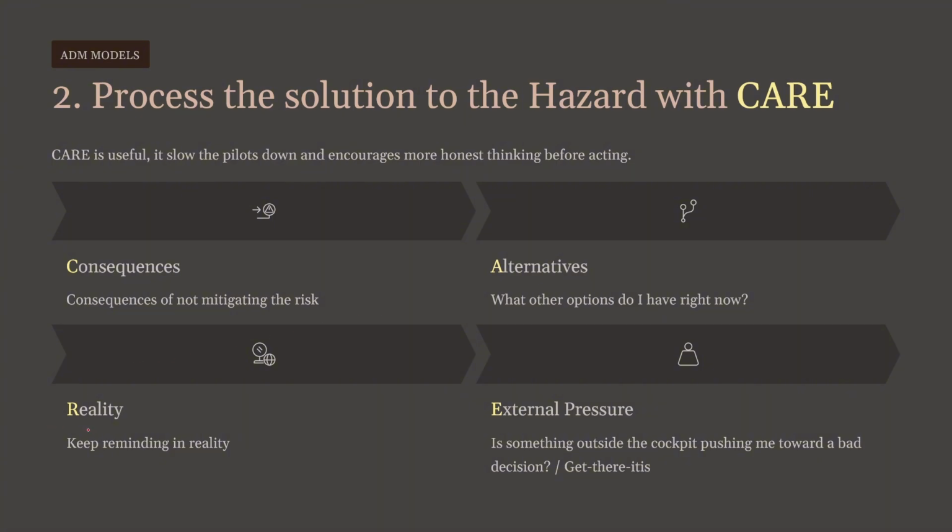And R, reality. Am I looking at this situation clearly, or am I minimizing the danger? Something like this. And E stands for external pressures. It's something outside the cockpit, pushing me toward the wrong choice, something like this. So CARE is useful because it slows the pilot down and encourages more honest thinking before acting.